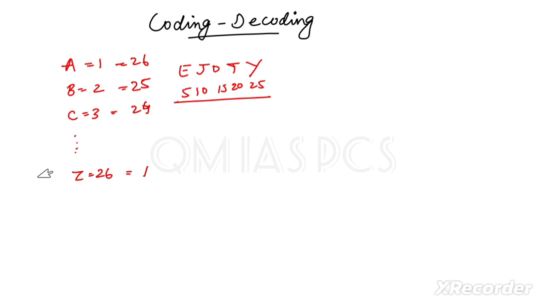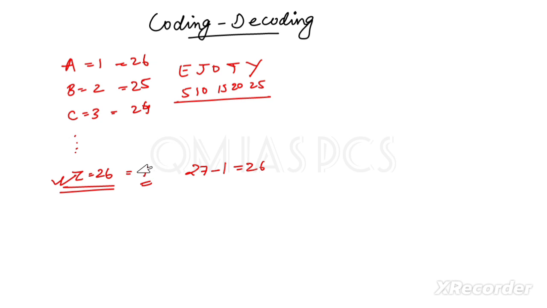Just imagine this is a class student whose actual rank is 26, but he said that I got first rank from the backward direction. So what will be the actual rank from the forward direction? It will be 27 minus whatever he is saying, like first rank, so it will be 26th rank.